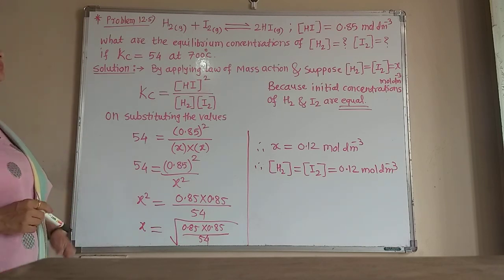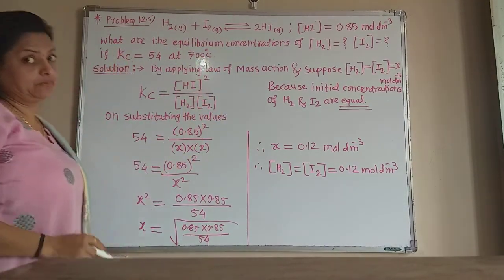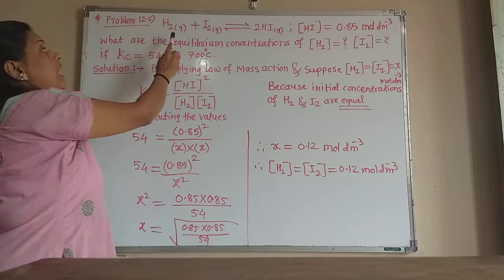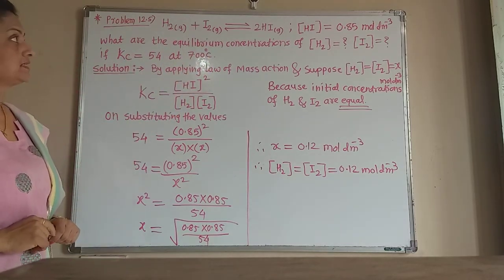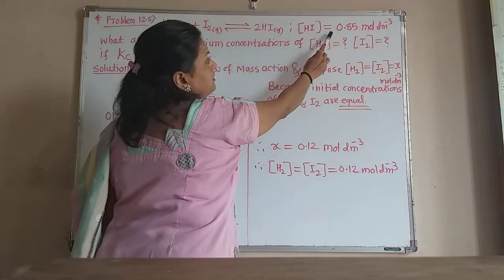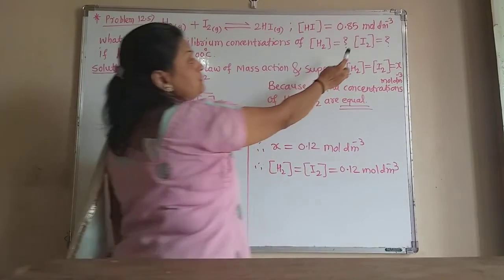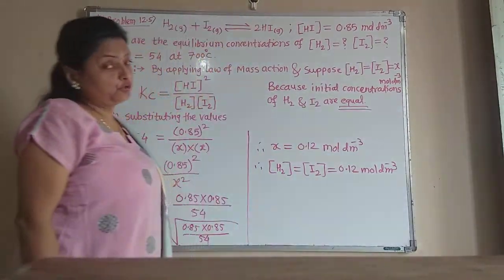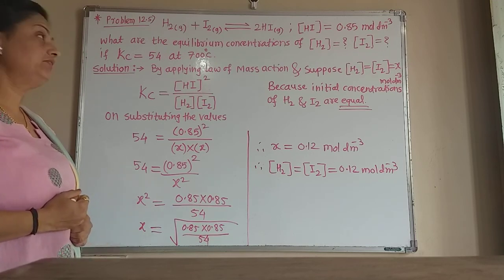That means this equilibrium reaction is given to us, in which hydrogen and iodine are of equal concentrations. And the concentration of HI is 0.85 moles per decimeter cube, given.